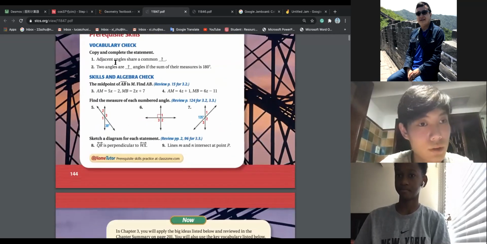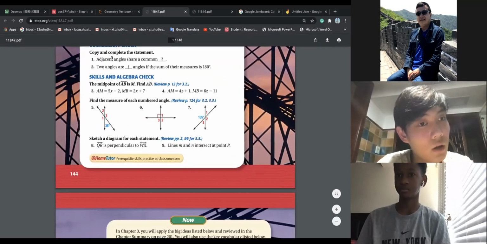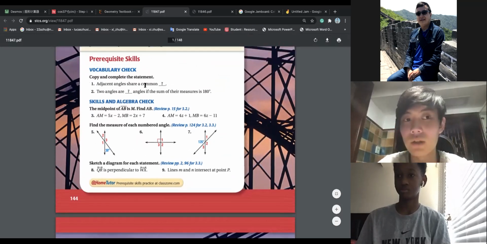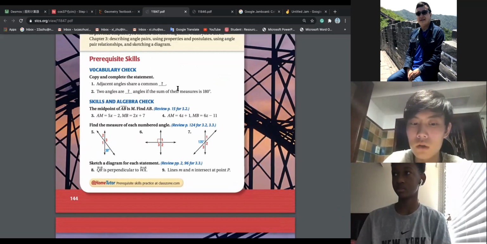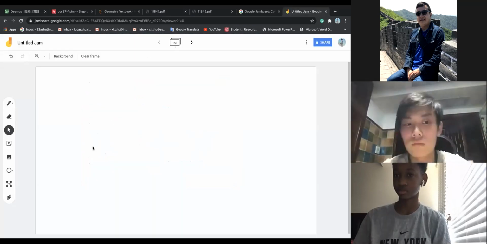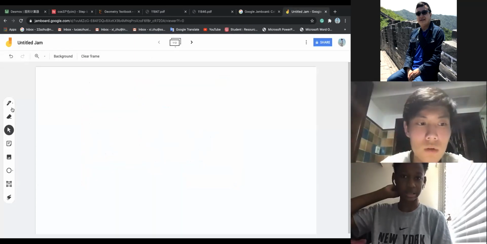So, prerequisite skills. Adjacent angles share a common what? Do you still remember? Adjacent angles share a common. No, I can't remember. So remember, what is an adjacent angle?